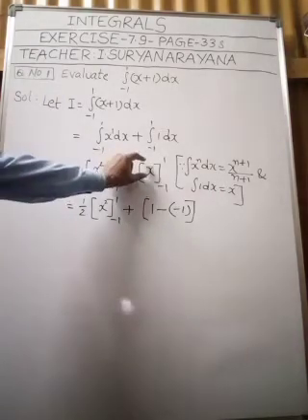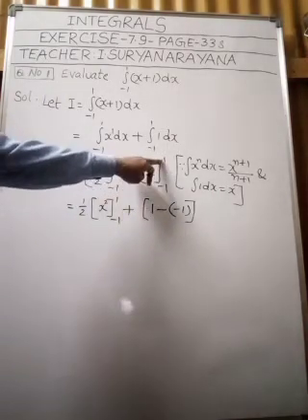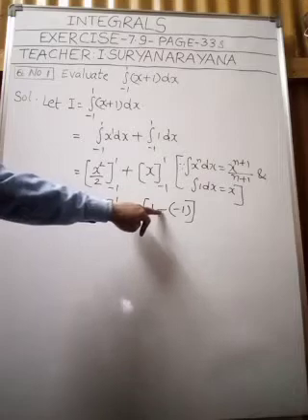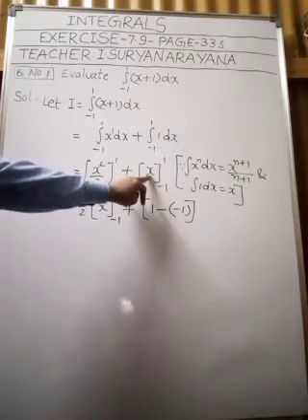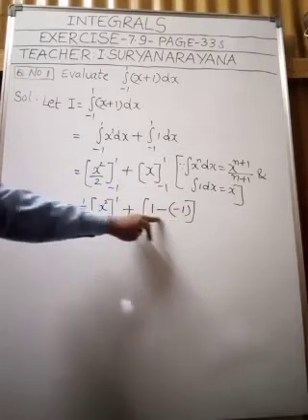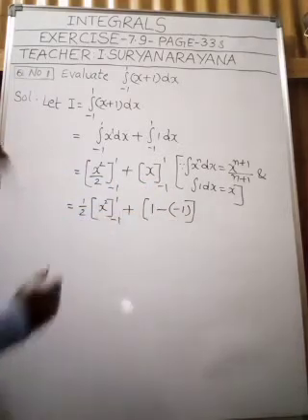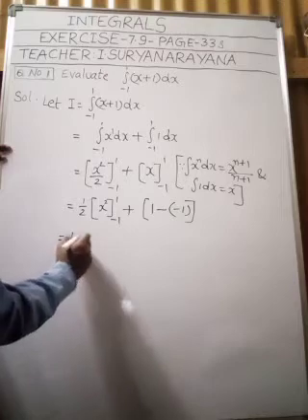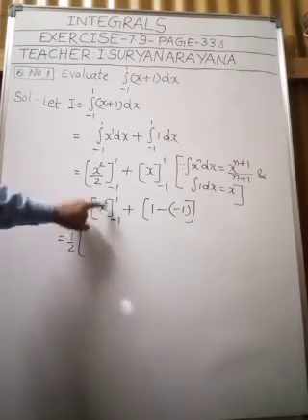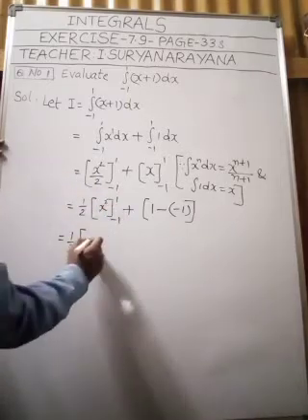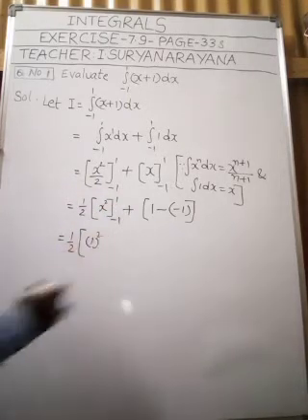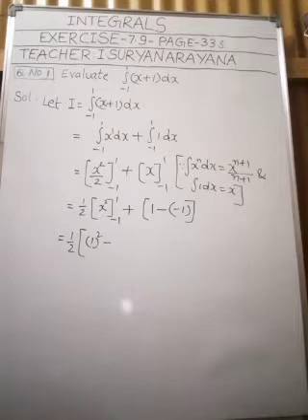We substitute the upper limit 1, minus, in the same function, the lower limit minus 1. Understood this part, my children? Right. This is equal to 1 by 2 into, in this function, first we substitute the upper limit. What we get is 1 square minus. Okay, my children?